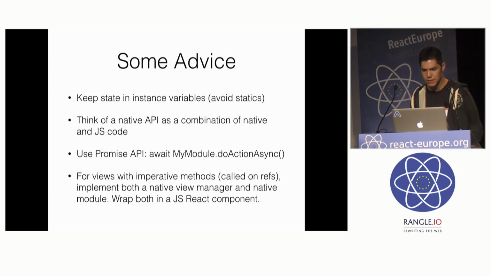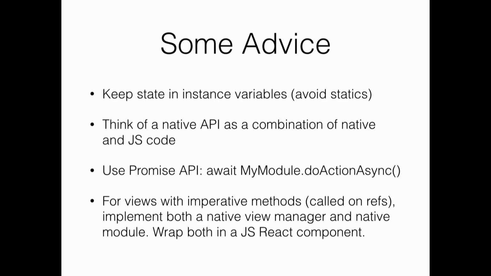Some miscellaneous advice for native modules is to keep your state inside of your instance variables. You want to avoid statics. The reason is that every time you reload your React Native application, as you've done many, many times for the past 2 days, every time you made a code change and your app reloaded all the code, it actually reloaded not just the JavaScript, but created new instances of all of your native modules.